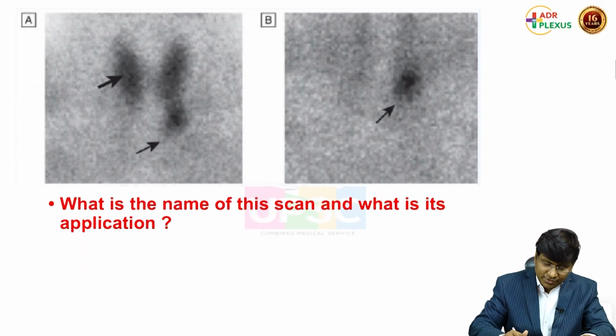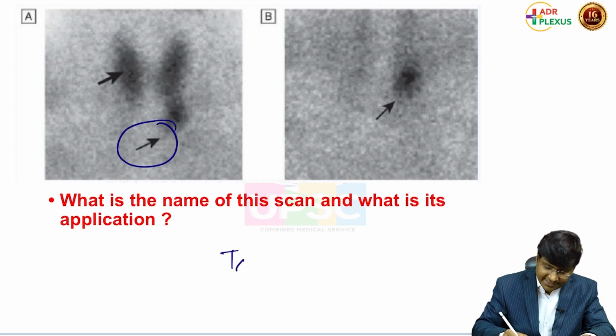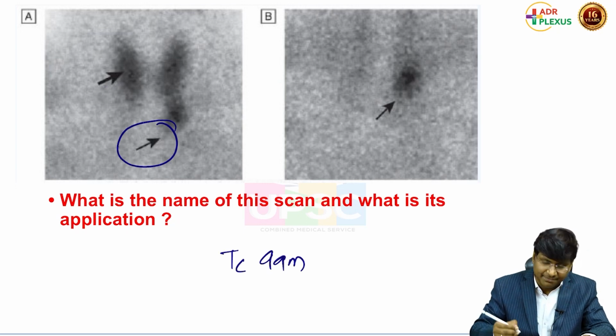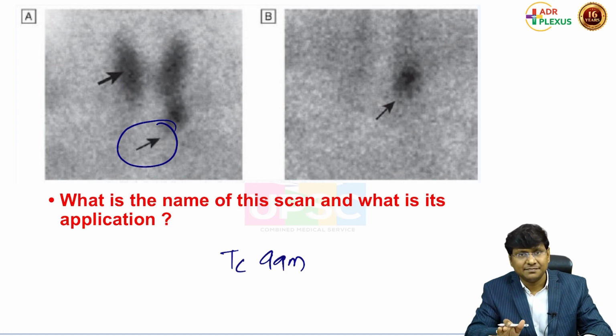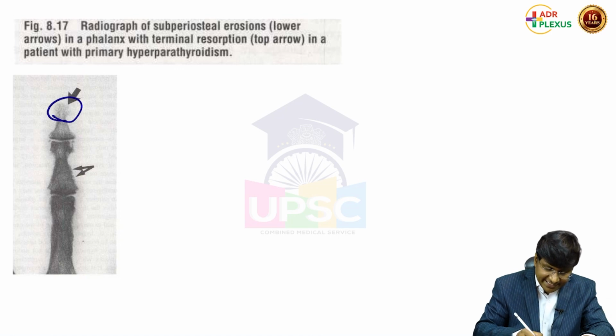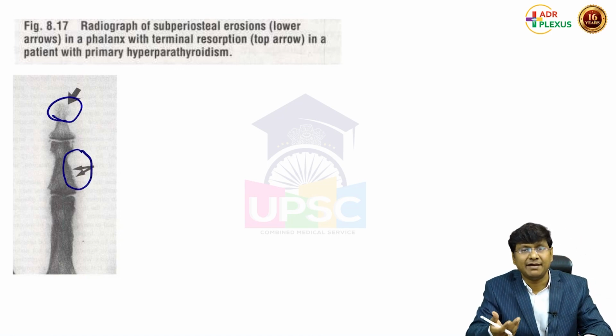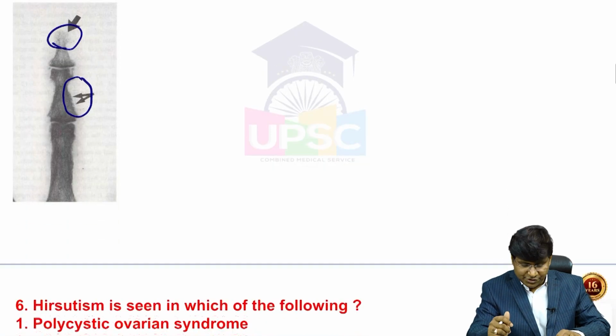And the localization is by the technetium 99m sestamibi scan, right? You can also see osteolytic lesions within the bone and subperiosteal erosions in patients with hyperparathyroidism. Next question.